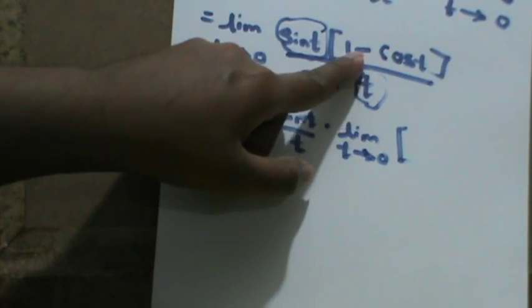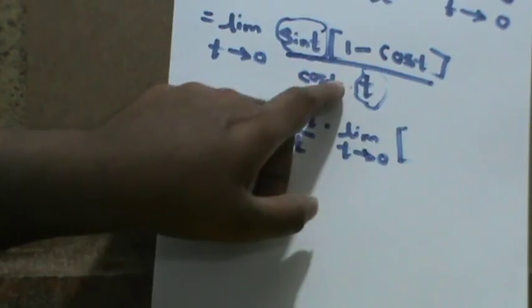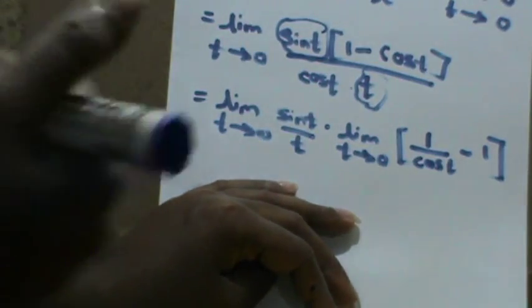So 1 minus cos t, here will be 1 minus cos t by cos t. So 1 minus cos t by cos t is equal to 1 upon cos t minus cos t by cos t, which is 1. So that will be 1 upon cos t minus 1. Right? So that's simple. So this is equal to 1.